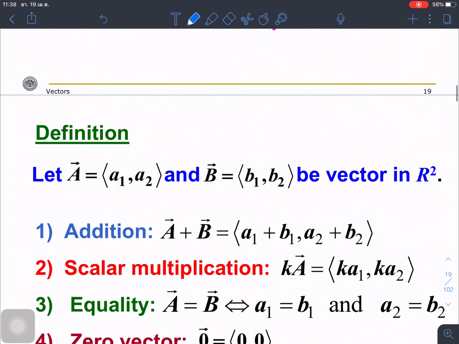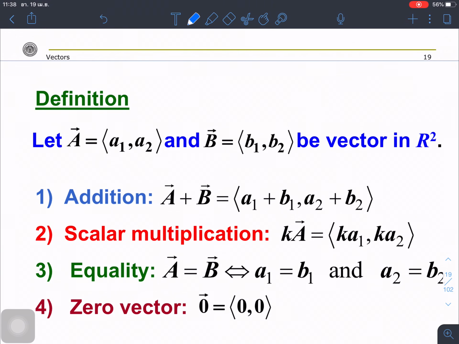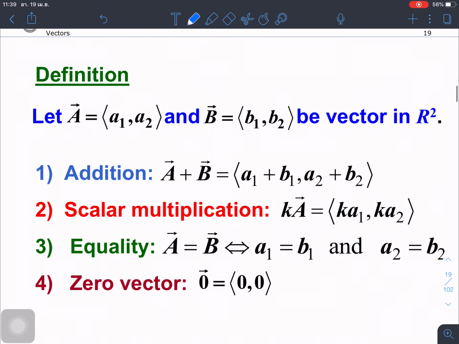All right, so now let's consider something else that's involved in the vector. Given we have two vectors A and B, for example, here in two-dimensional space, if you want to add them, you just add them with the same coordinate. So the coordinate x, you add them, y, you add them.